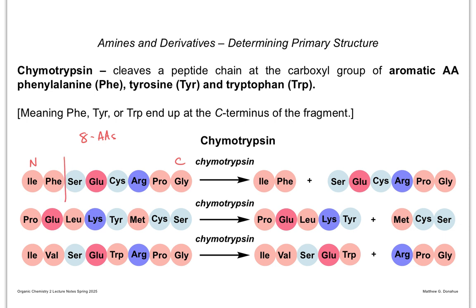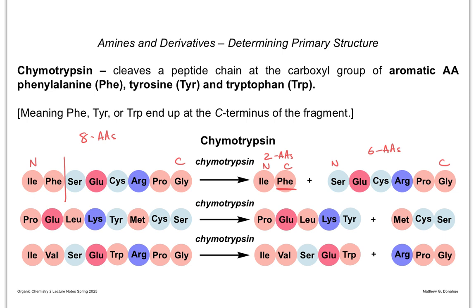So it clips it. Now we end up with 2 amino acids. Phenylalanine is at the C terminal residue. Then we end up with this 6 amino acid fragment. And again, we can identify those either through, say, mass spec methods or NMR.